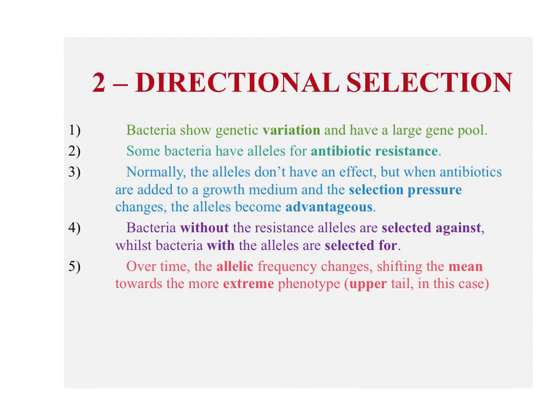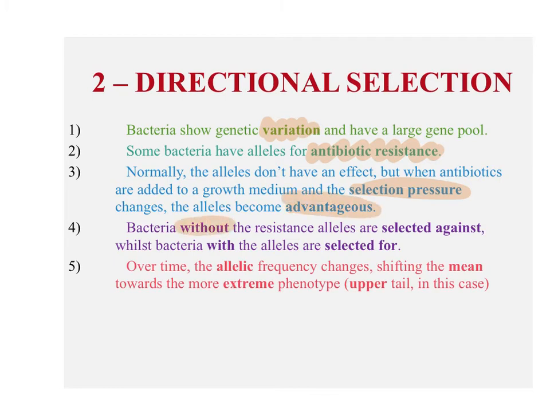So the first sentence: bacteria show genetic variation and have a large gene pool, and some bacteria have alleles for antibiotic resistance. They develop that mutation. Now, normally, the alleles don't have an effect, but when antibiotics are added to a growth medium, the selection pressure changes, so those antibiotics are now a selection pressure, and those mutated resistance alleles become advantageous.